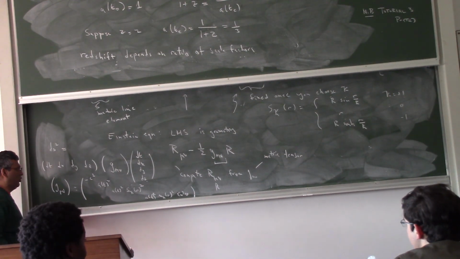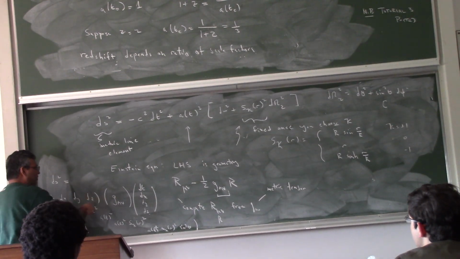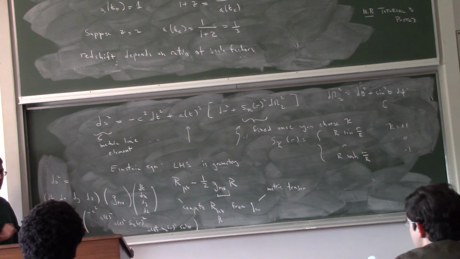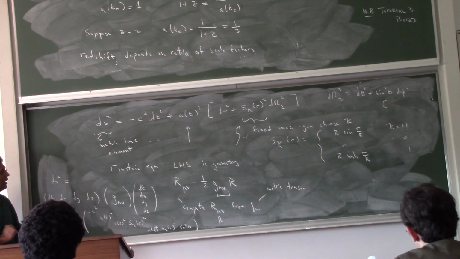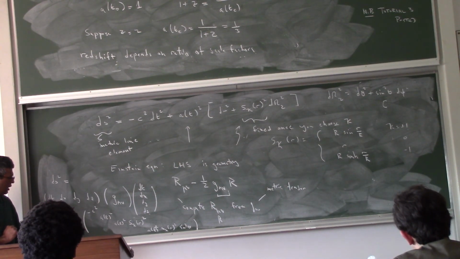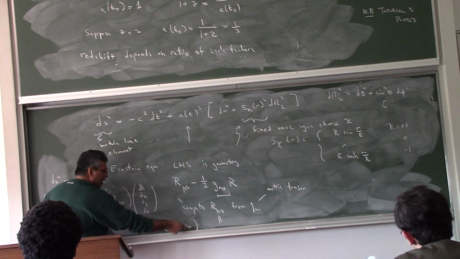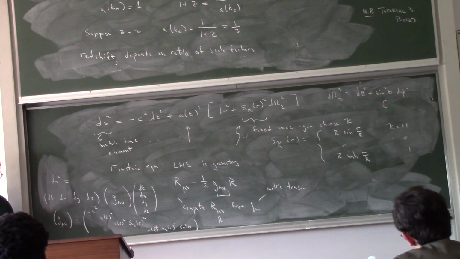If you multiply this matrix by these vectors, it will recover this expression here. So as you see, this metric is a function of t, of r, and of theta, just like I claimed.